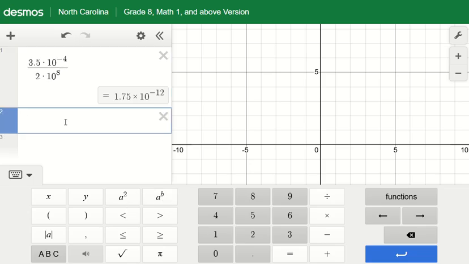So look, if we put the 10 in, if you put the A2, it's only going to put a 2 as your exponent. That's only going to square it. The AB is where you could put in any exponent you want.